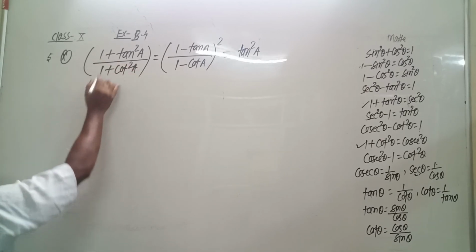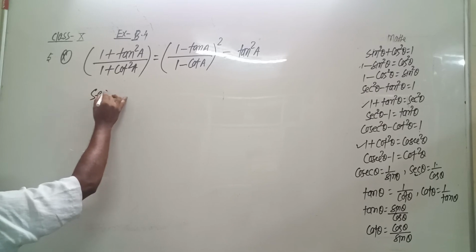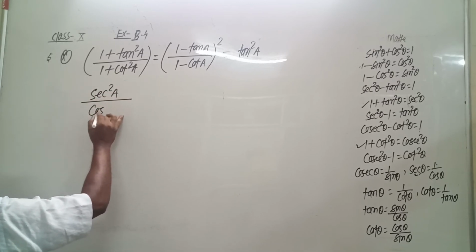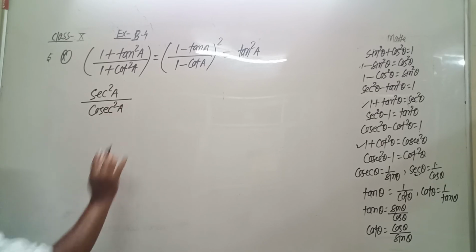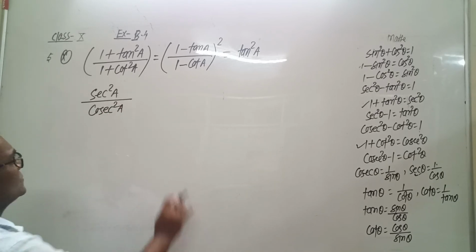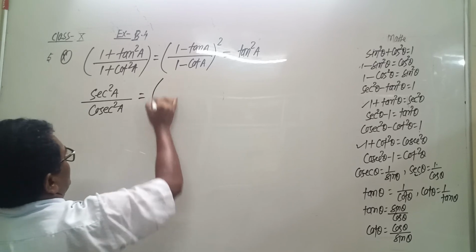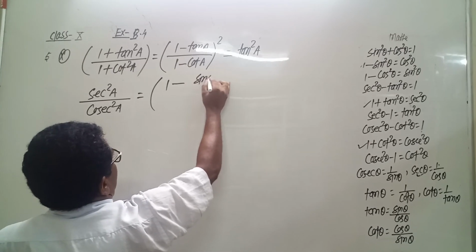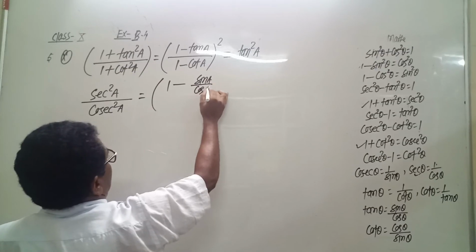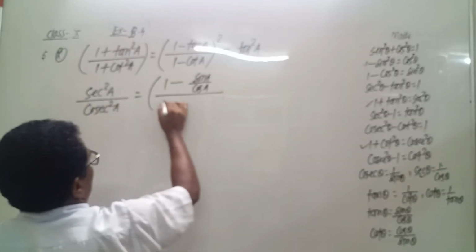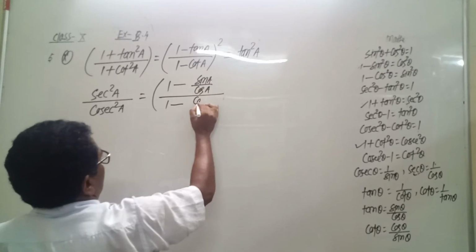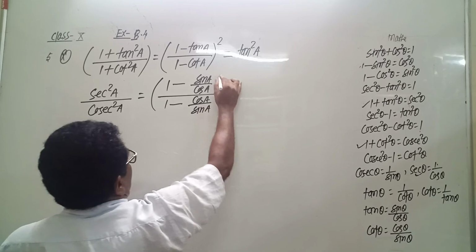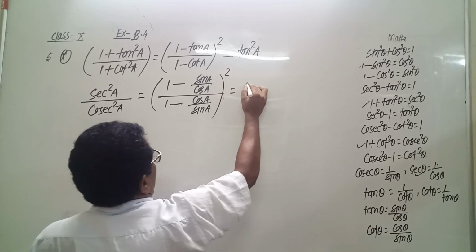1 plus tan square A is written as sec square A, and 1 plus cot square A is written as cosec square A. From this bracket, 1 as it is and tan A is written as sin A upon cos A, upon 1 minus cot A, which is written as cos A upon sin A, the whole square.